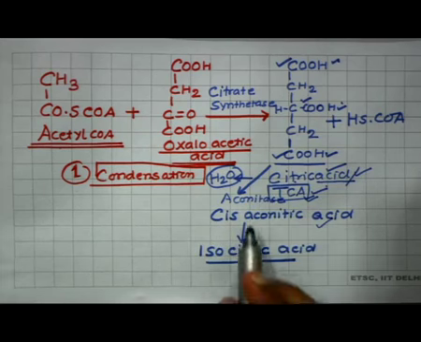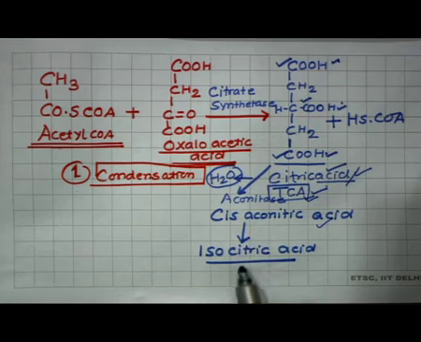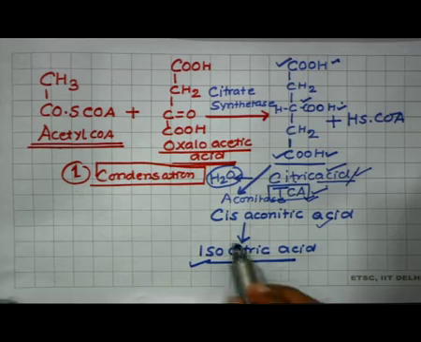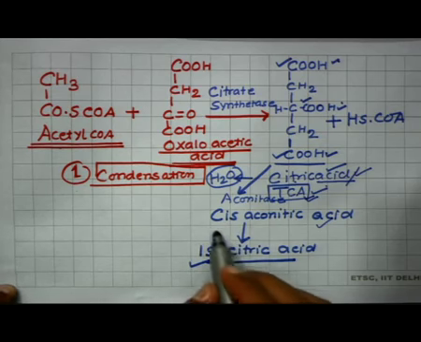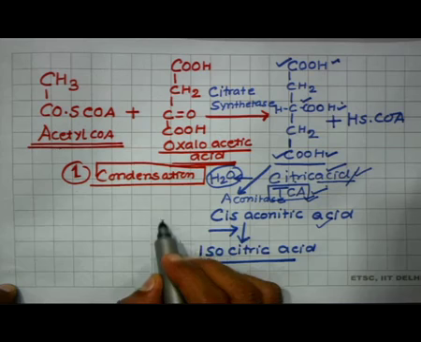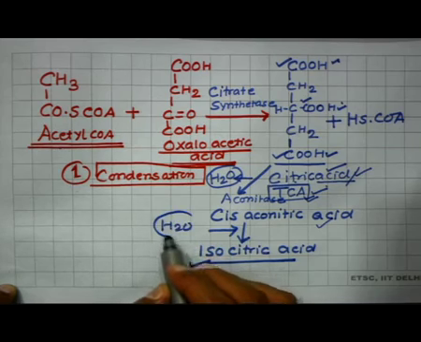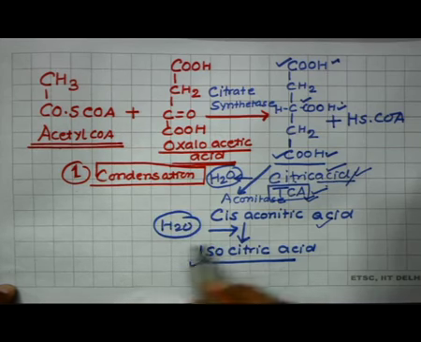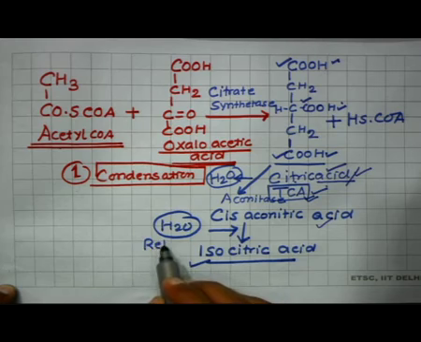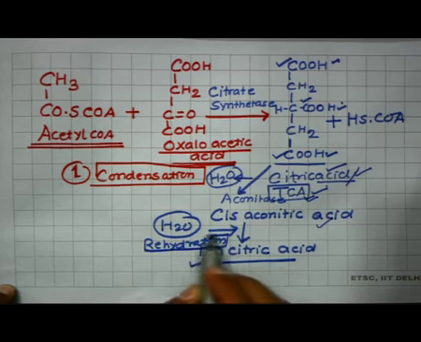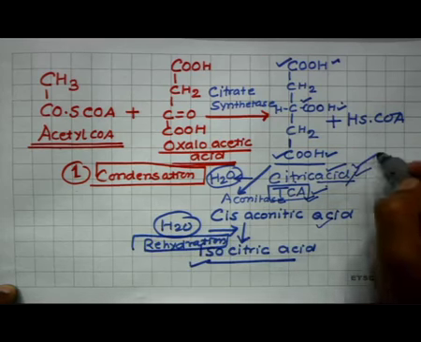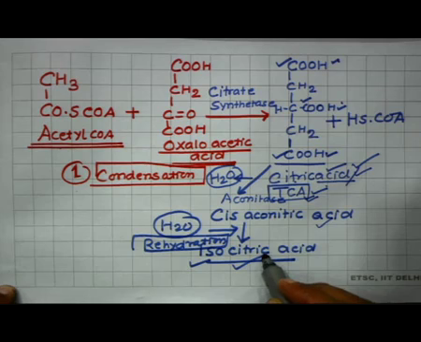After that, this cis-aconitic acid is converted into isocitric acid. It also requires a water molecule. So, this step is called rehydration. Here the cis-aconitic acid is converted into isocitric acid, which has the same formula as citric acid.